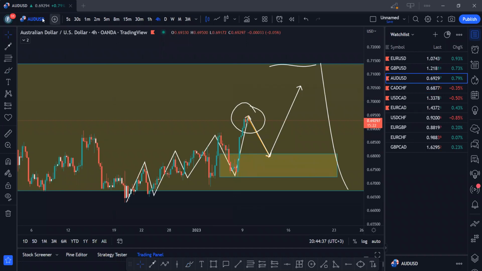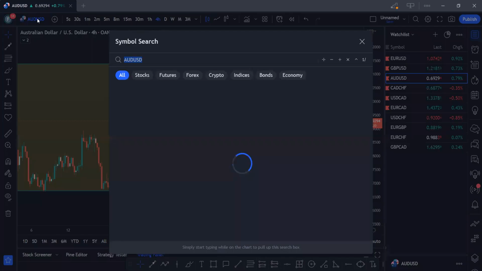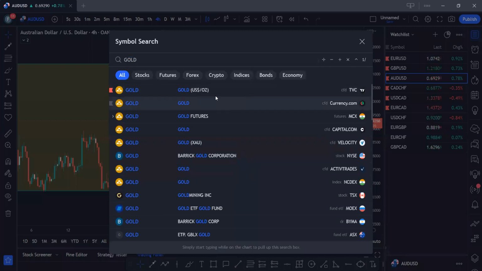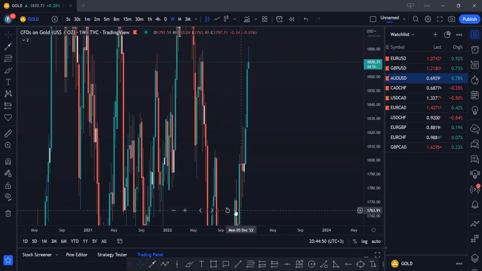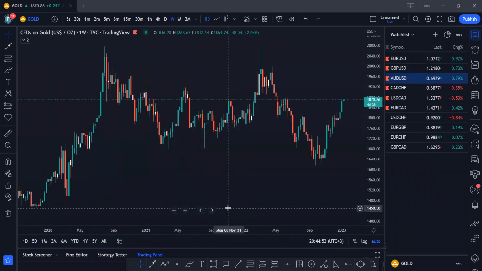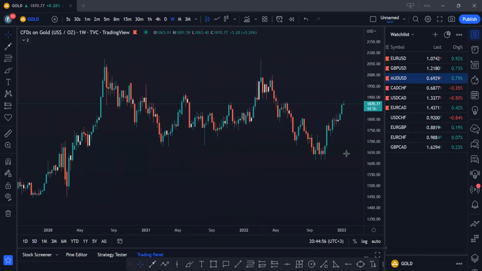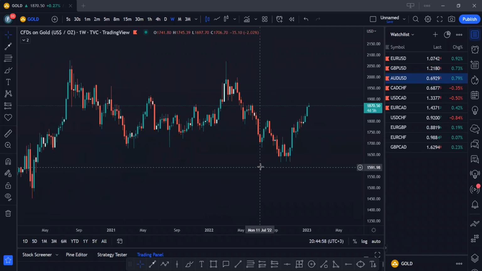So that's AUD USD. Let's check out gold real quick. So gold, let's go to the weekly chart on gold. So gold on weekly. What do we see on weekly here? Let's mark out the market structure on gold, right?